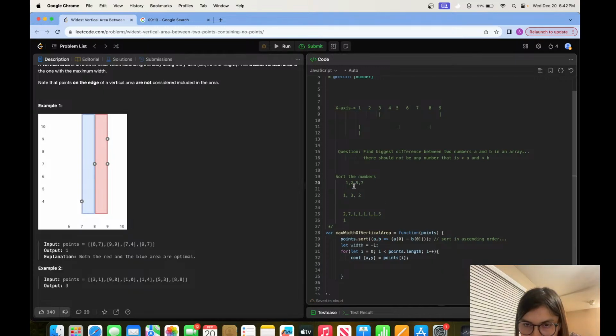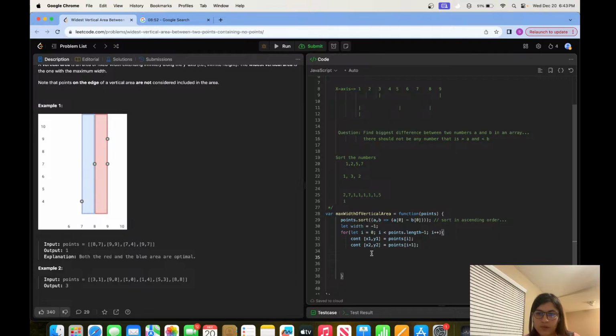So this is my x and this will be my y. Because I'm just doing difference, x1 y1 will be points i, and x2 y2 will be points i plus 1, so I only need to go until length minus 1. I can say width will be the maximum of width comma x2 minus x1.